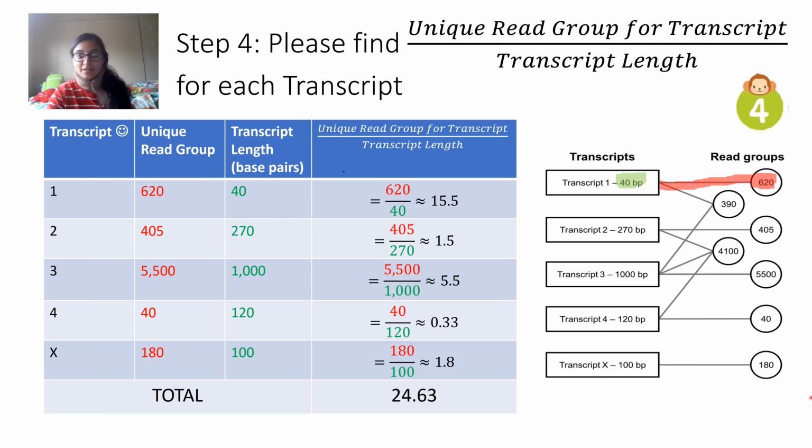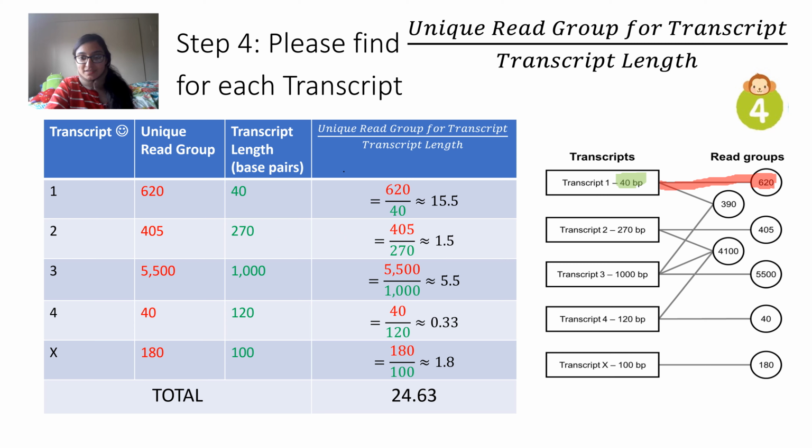And then divide them. So that's why here, what you'll see is 405 is for transcript 2, and that's why we divide that by the 270 again. We take 405 divided by 270 and we get 1.5.